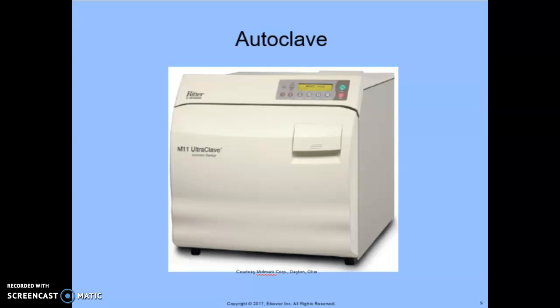So there are 3 basic autoclave cycles: a gravity fast exhaust cycle, a liquid slow exhaust cycle, and a pre-vacuum cycle. We're going to run ours on the normal cycles when we practice, and it's important in whatever office that you work in that you get to know the autoclave, that you read the book, and that you work with your trainer to make sure that you understand how to use your specific autoclave.